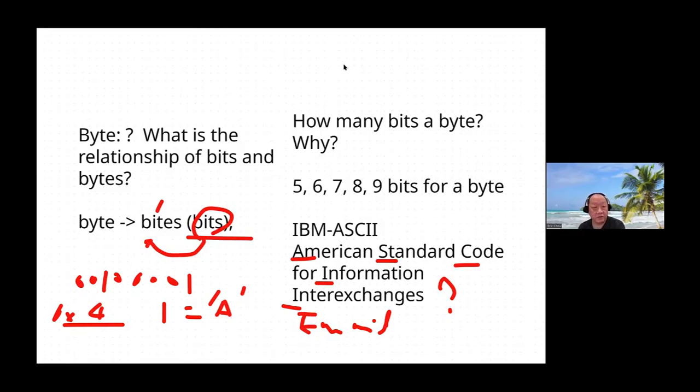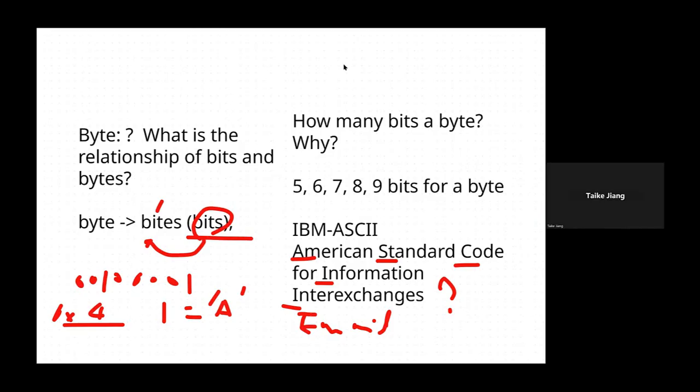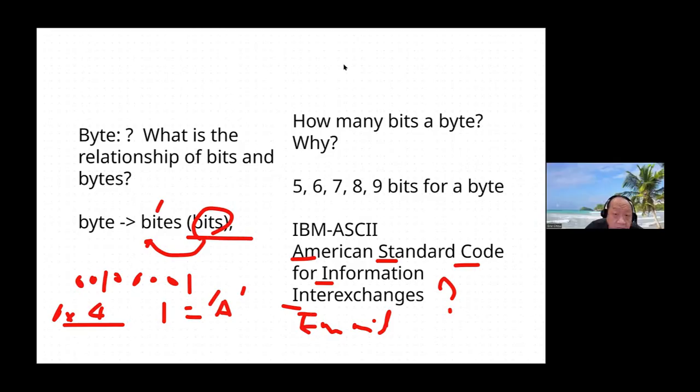ASCII is used to represent your letters. Actually, ASCII, like the English letter, is 8-bit. Now how about Chinese letters?